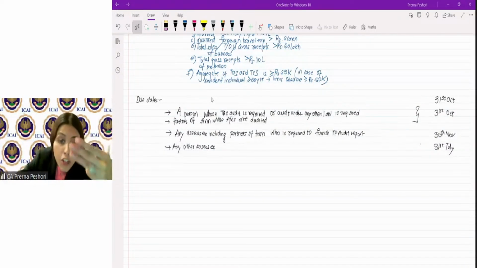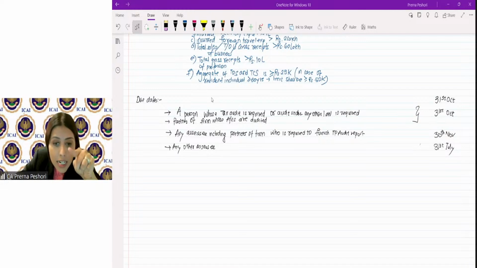For example, under the charitable trust, if you remember, I told you, if you accumulate the income and you are not utilizing it for the current year, you can still get the exemption. That will be still considered as application, the deemed application of income, provided you furnish the Form 10 and file the return of income by the due date.